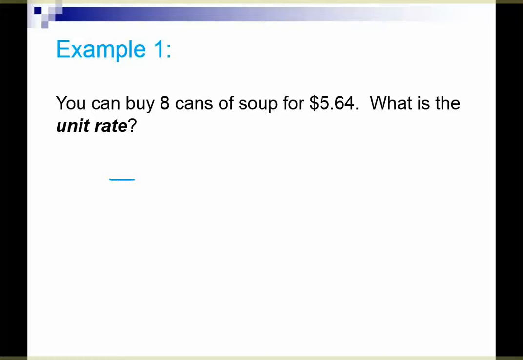So you could set this up with $5.64 per 8 cans. That is really your rate. Your unit rate is just going to be an equivalent fraction, but instead of 8 cans, it's going to be over 1 can. So that's what you're out for. You're out for how much it's going to cost over 1 can.